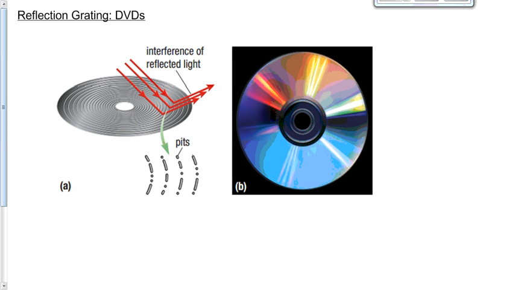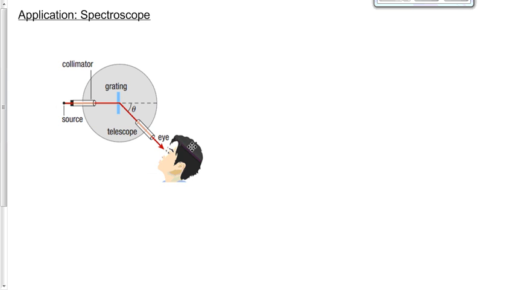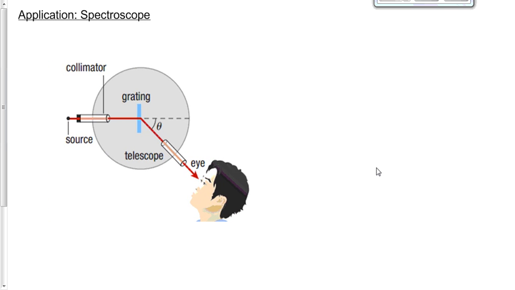And the last thing, which I think is pretty neat, is something scientists use for all sorts of different things. If you continue on in science, you'll see why knowing the wavelength of light is often super important. It's something called the spectroscope. So we take light coming in of some unknown wavelength, you pass it through a grating, and you can swing this eyepiece, they call it a telescope, through some known angle.